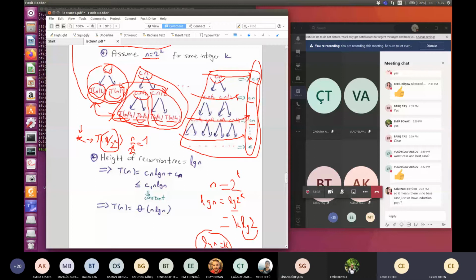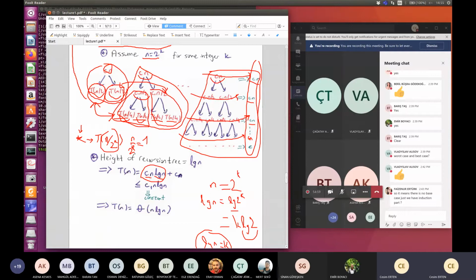Since we have log n many levels in here, and since each level sums up to Cn, the sum of all the terms in here will be simply Cn times log n, because each level sums up to Cn, and we have log n many levels in this tree, height being equal to log n.